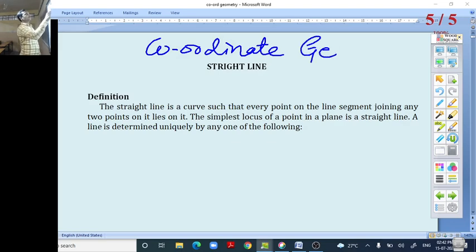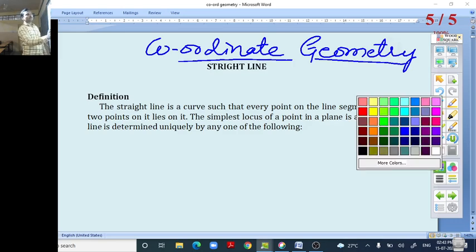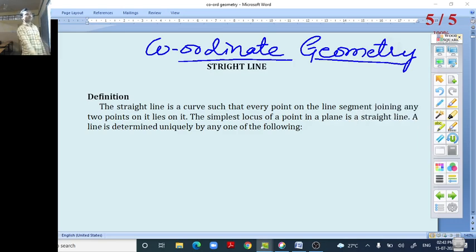In that we will first study the synopsis of the straight lines, and the synopsis of some parts of the circles.